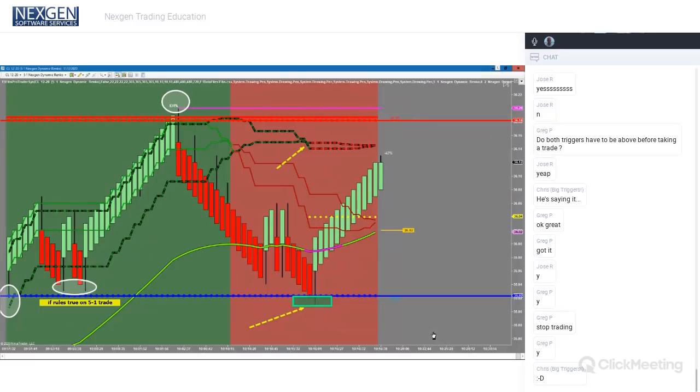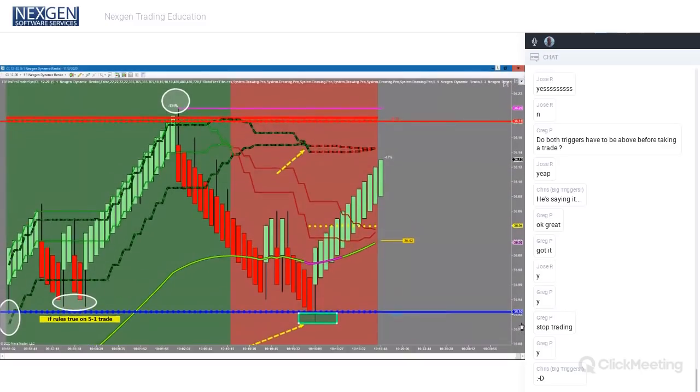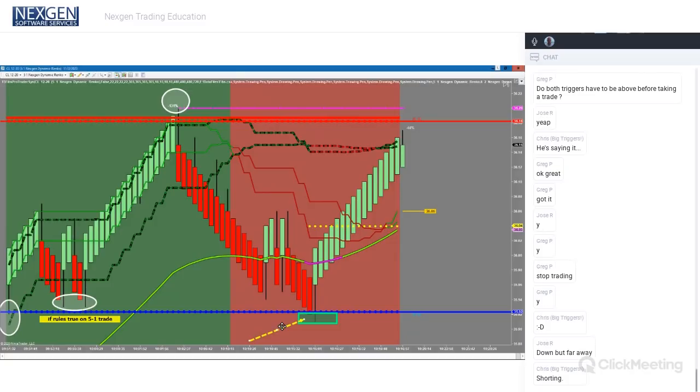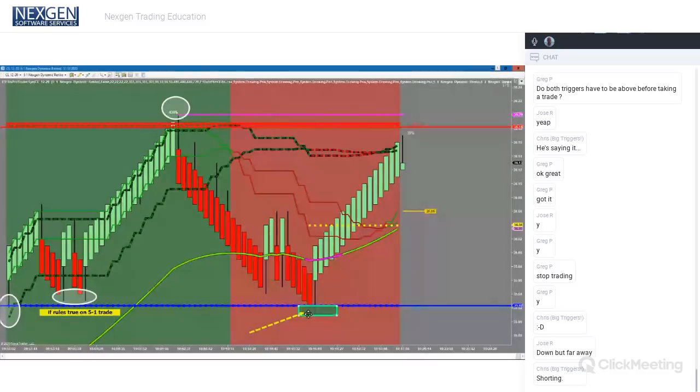So we hit a fib, yes. And the triggers aren't going to get below the fib. But in a vacuum, it's not really a buy signal, is it? We don't go short if support holds.